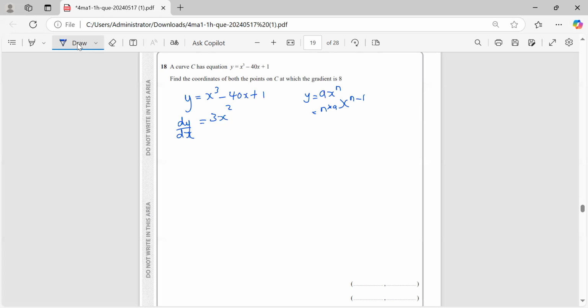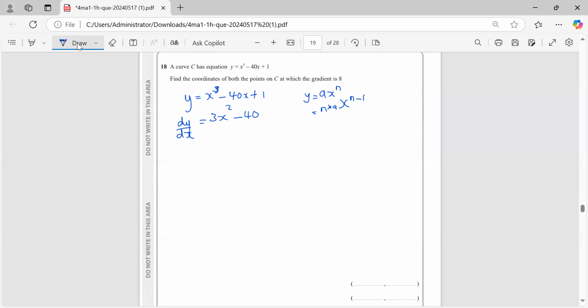It's 3 times the coefficient of x cubed, which is 1, so I got 3, and then I subtracted 1 from the power 3, so it became 2. If you differentiate negative 40x, you're just going to get negative 40.